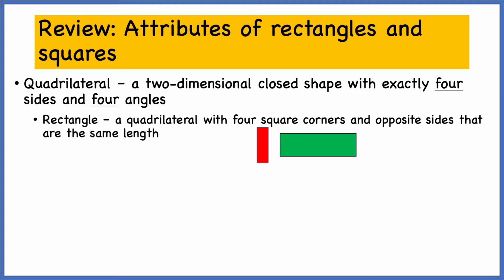It has 4 square corners, think of the letter L, and opposite sides that are the same length. By opposite sides, we mean top and bottom, and left and right. So you can see that even though the left and the right are much shorter on this green rectangle, they match each other.